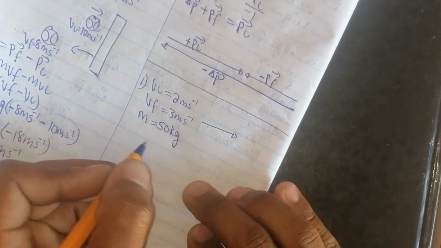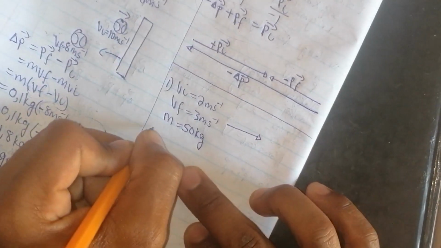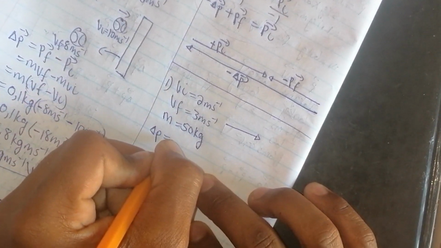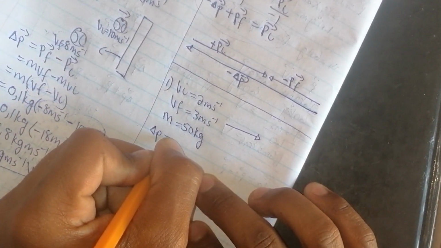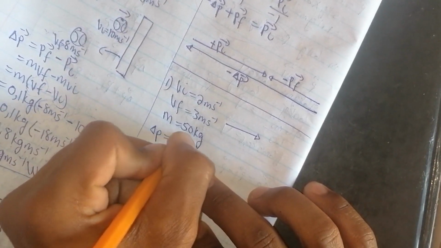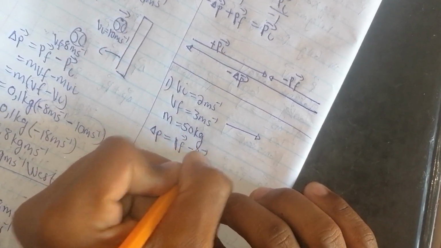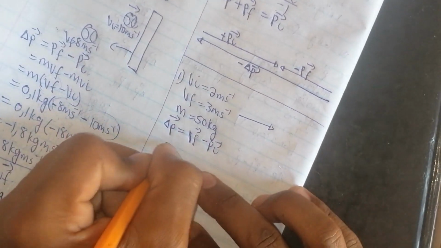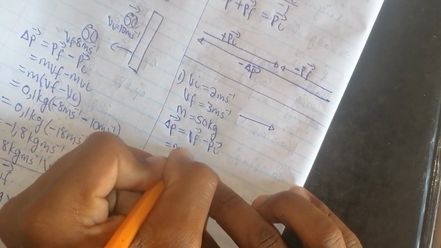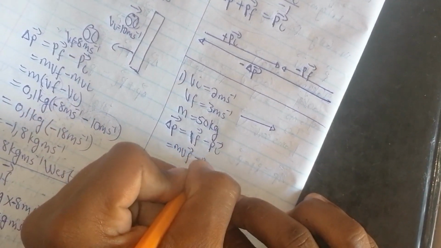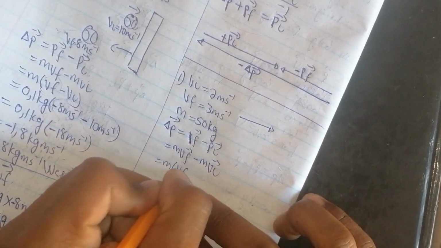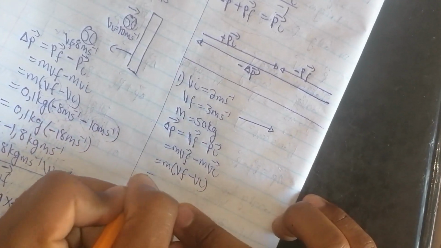And yes, so the change in momentum is equal to final momentum minus initial momentum. Remember, they are vector quantities, so this will be mvf minus mvi, which is m(vf minus vi).